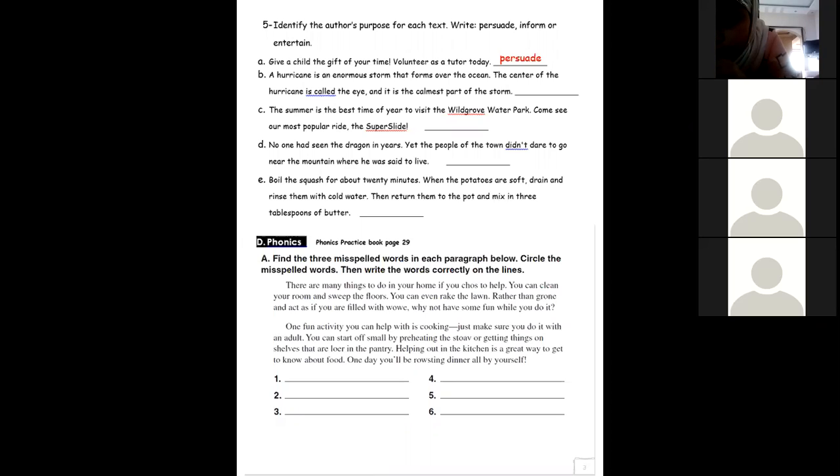The center of the hurricane is called the eye, and it is the calmest part of the storm. So, what is the writer doing here? What is his purpose? Inform. Excellent. It's inform. Bravo. Thank you, Noor.